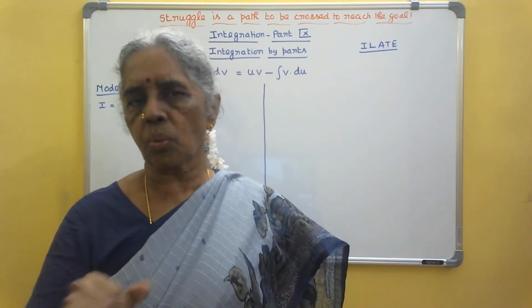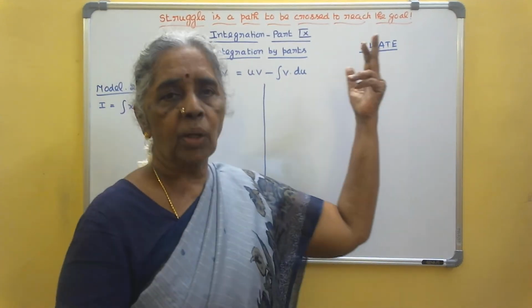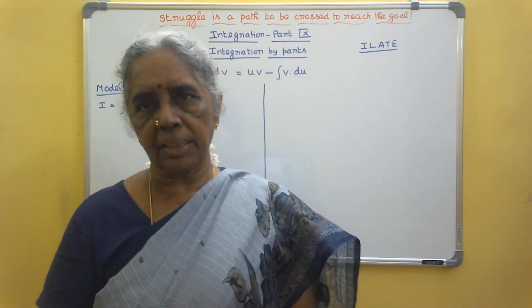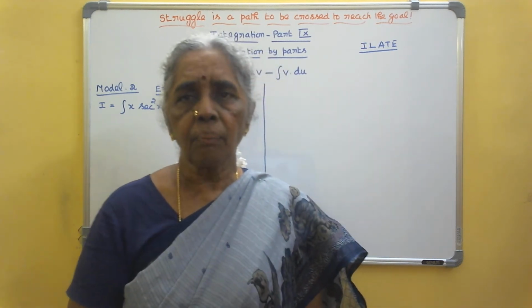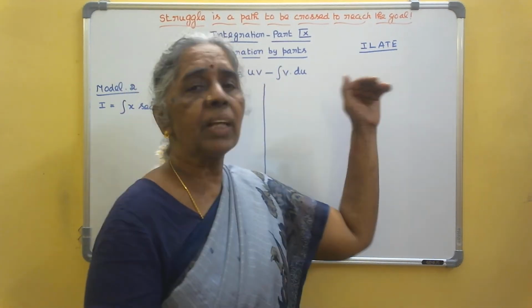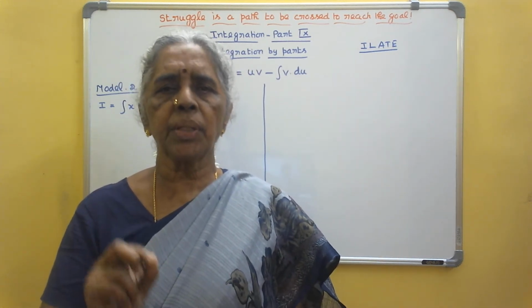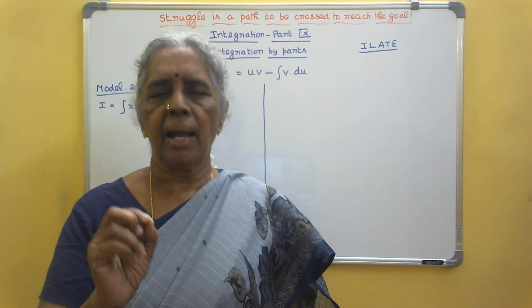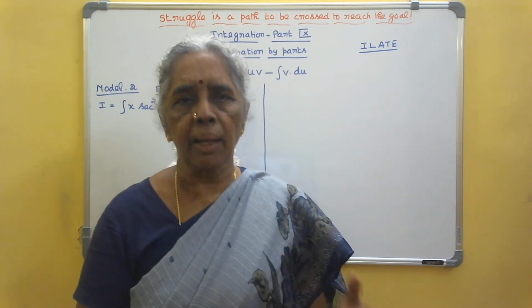Even a constant is called algebraic function because that is x power 0. T is trigonometric, all the 6 trigonometric functions. E is exponential. Okay. Here, the order of the letters helps you decide which function you have to take as u function. Let me explain by an example.